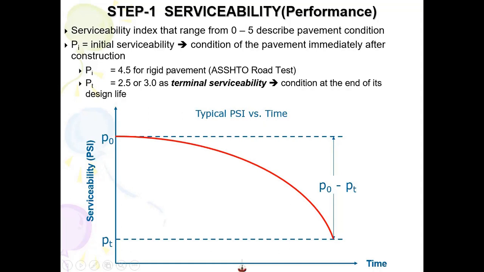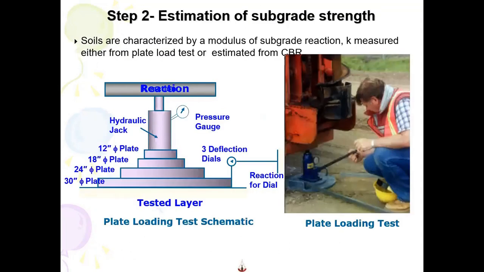Now, unlike AASHTO flexible pavement design, the subgrade strength is evaluated by means of a plate load test, in which there is a plate. The plate can be either 12-inch dia, 18-inch dia, 24-inch dia, or 30-inch dia. It is being loaded.